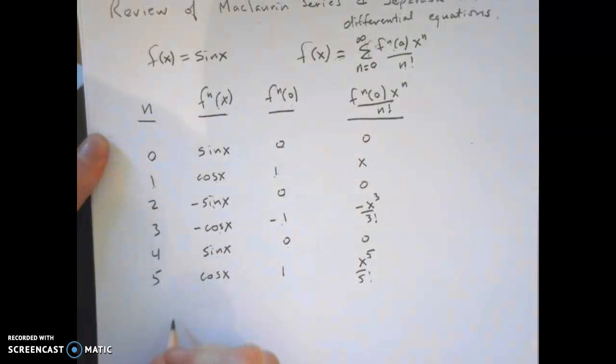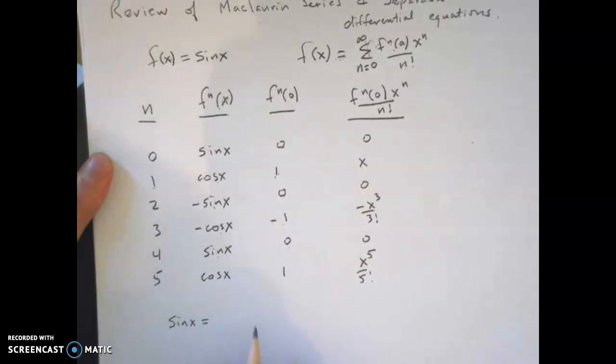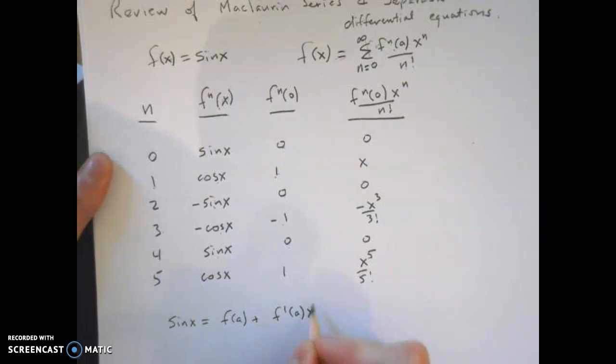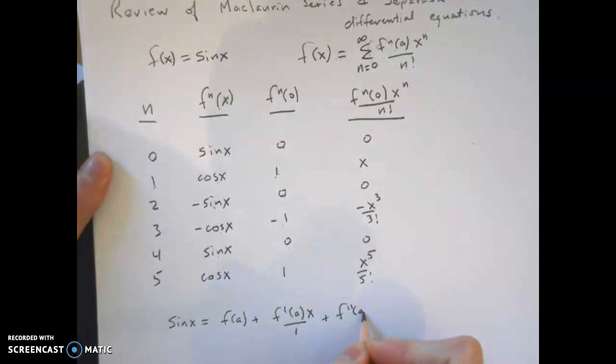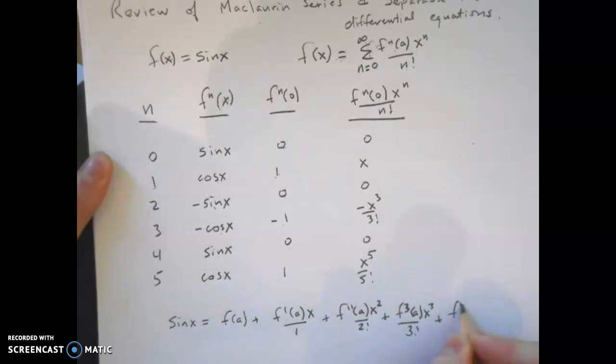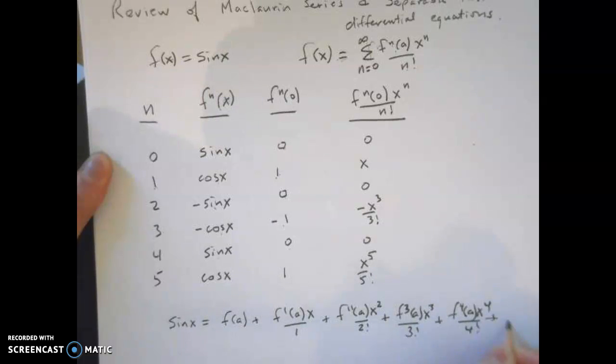So you probably remember seeing this. Sine of x is equal to f of a plus f prime of a times x to the first over 1 factorial, plus f double prime of a times x squared over 2 factorial, plus f triple prime of a times x to the third over 3 factorial, plus the fourth derivative value at a times x to the fourth over 4 factorial, plus dot, dot, dot.